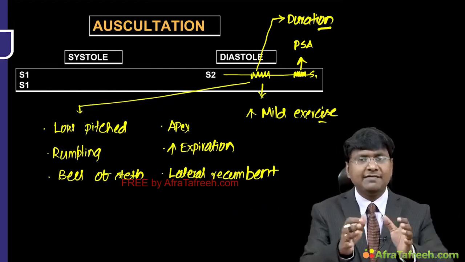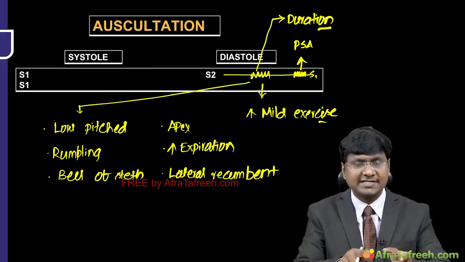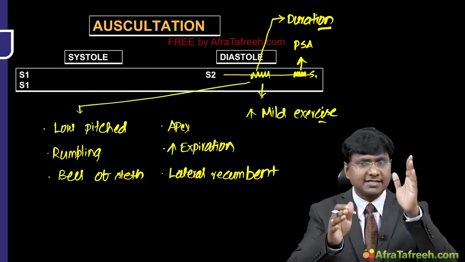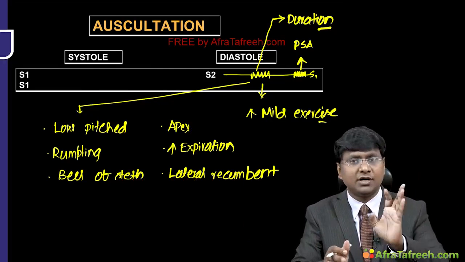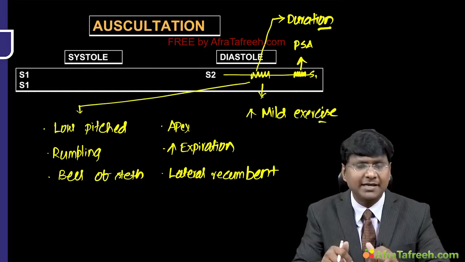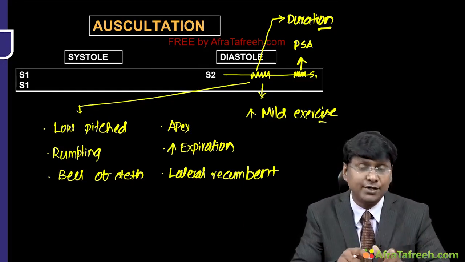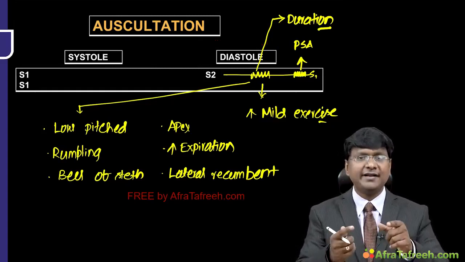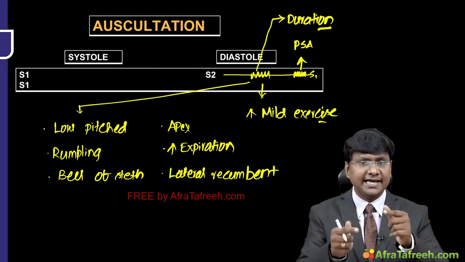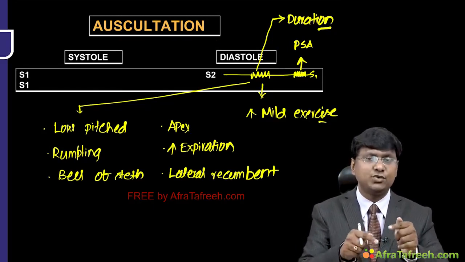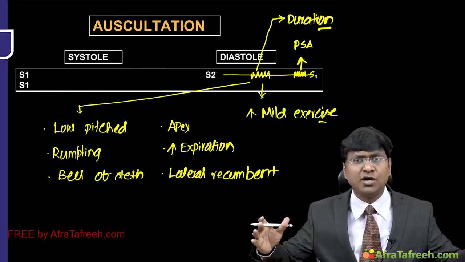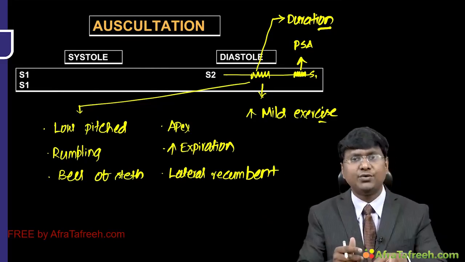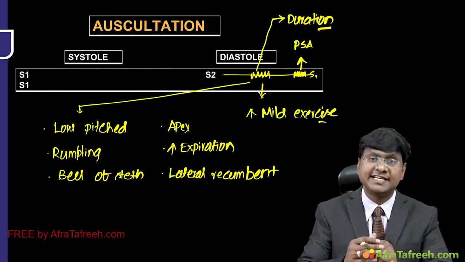Normally, if the mitral valve area is around 4 to 6 centimeter square, the left atrium contracts and the blood moves to the ventricle, causing the second rapid filling. But here, what has happened to the mitral valve? It is reduced to less than 2 centimeter square. So now the left atrium has to contract very strongly against that mitral valve to push the blood into the left ventricle, causing second rapid filling.